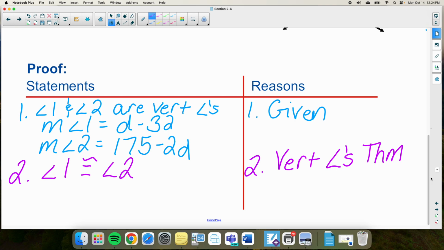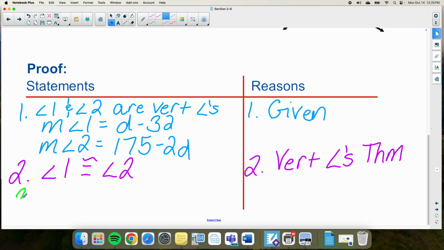Now, what we eventually want to do is solve for D. So we're going to end up substituting in like D minus 32 in for the measure of angle 1. Right now I can't substitute that in because it's an angle. I have to switch that to the measure of angle 1.